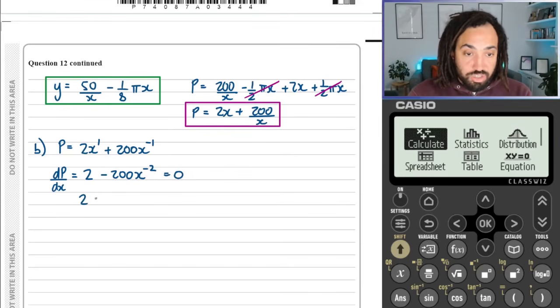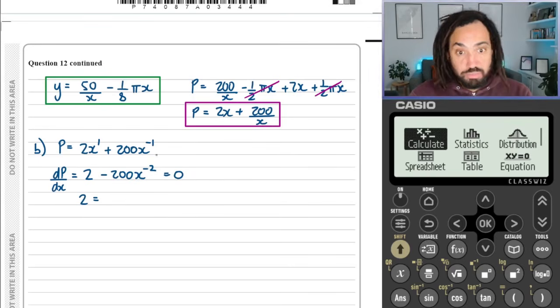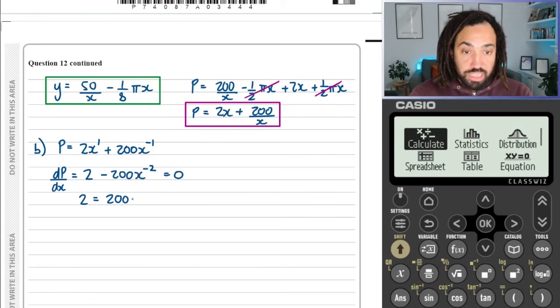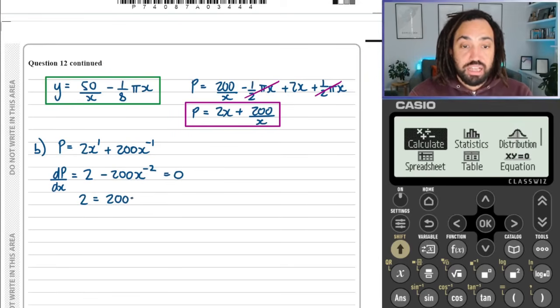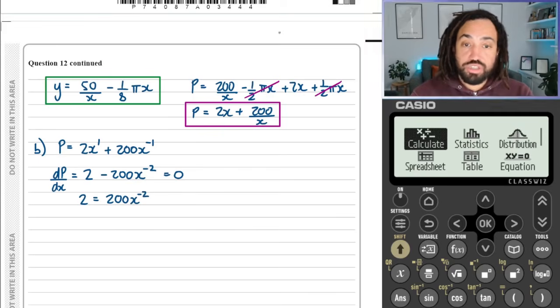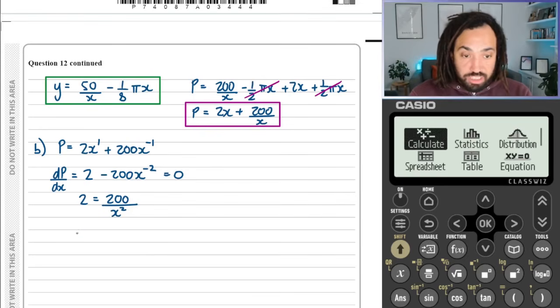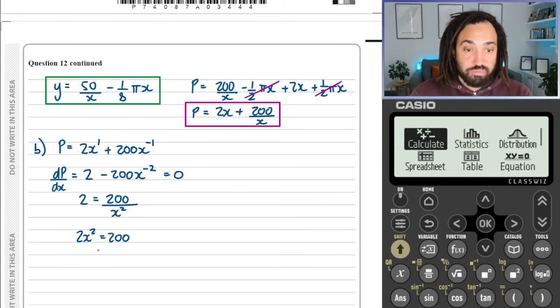So we're going to say that 2 is equal to, so this is negative 200x to the minus 2, so we're going to move it to the other side. It's become positive 200x to the minus 2. And x to the minus 2 we can write as dividing by x squared, like so. We can then times both sides by x squared to get this.